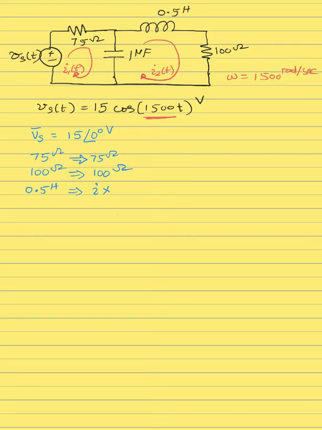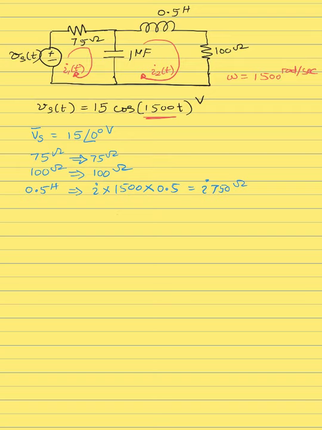Based on that, you have j omega times the value of L, which is 0.5. Okay, so that gives you 750, and the units are ohms.